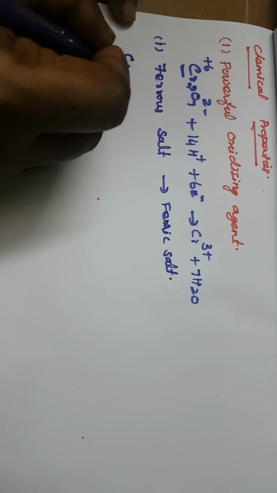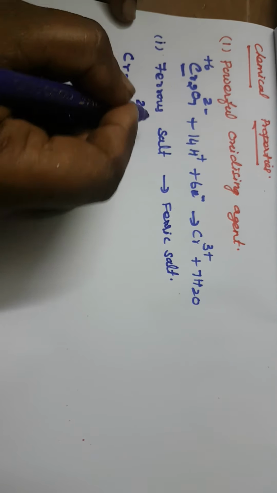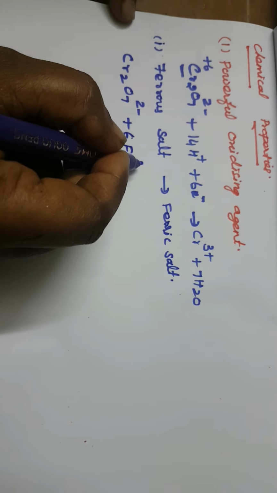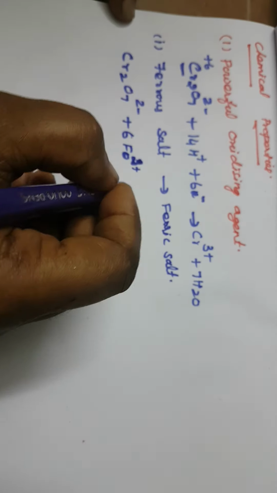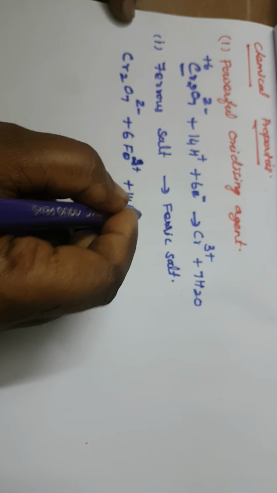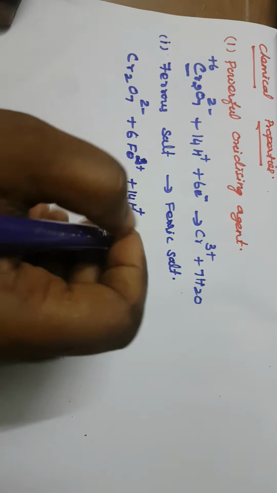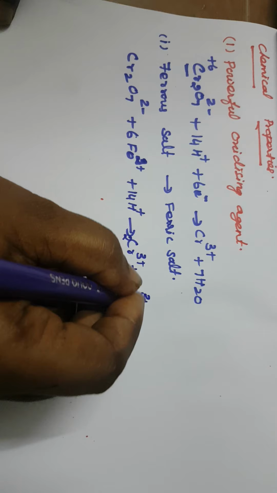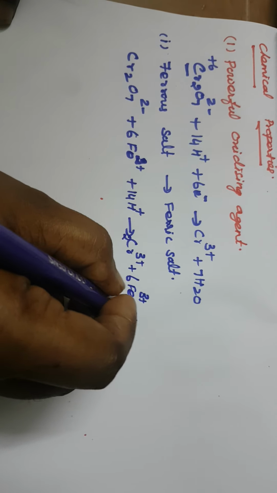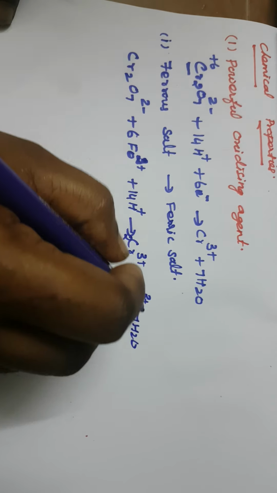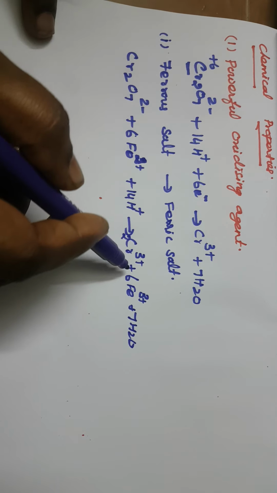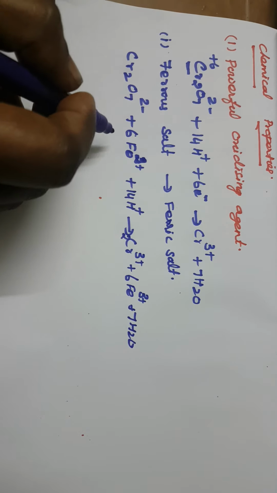So Cr2O7 2 minus, that is dichromate ion, plus 6Fe2 plus plus 14H plus, giving 2Cr3 plus plus 6Fe3 plus plus 7H2O. Fe2 plus, ferrous, is converted into ferric, Fe3 plus.